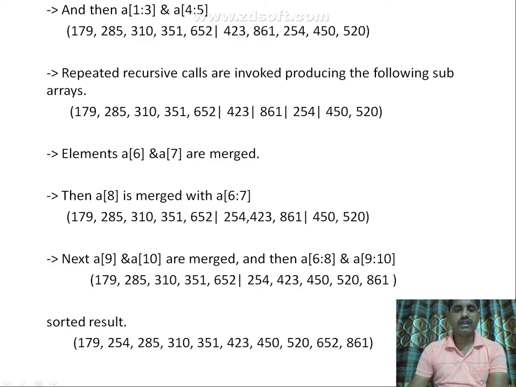Next A[9] and A[10] are merged, and then A[6:8] and A[9:10], that is 254, 423, 450, 520, 861. Now the sorted result is 179, 254, 285, 310, 351, 423, 450, 520, 652, 861. So this is the sorting result.